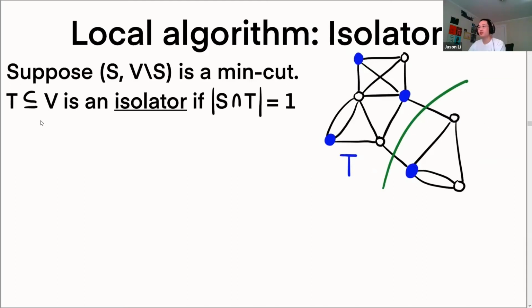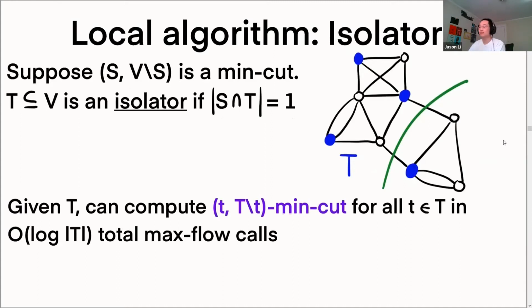Then a subset of vertices T is called an isolator if S intersect T has size 1. So it's exactly one vertex isolated. So essentially S, the smaller side of the min cut, isolates one vertex in T. That's the way you can think about it.